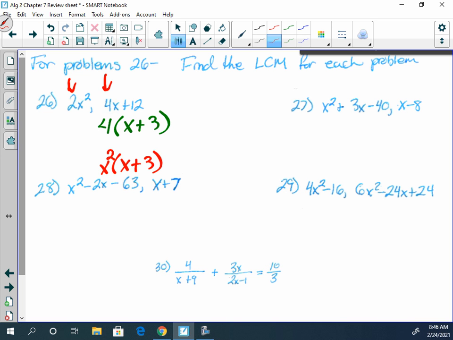We're normally going up. We have to increase. We can look at the multiples. Well, 2, 4, okay, 4. Because we're looking for the first number going up on both of them where they match up and are the same. So the least common multiple for this here is 4x squared times x plus 3.